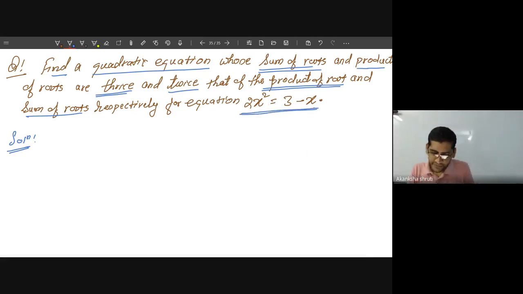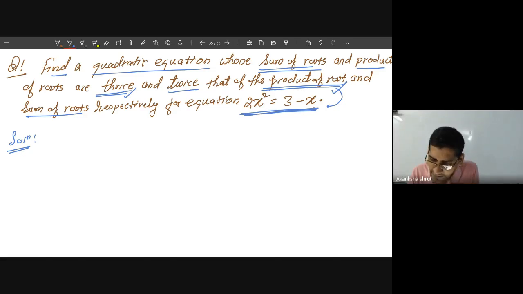Student, you have to take care. For the new equation, the sum of roots that you want to calculate will be thrice the product of roots of this one. If you are able to calculate the product of roots of the given equation, taking thrice of that, you will get the sum of roots for the new equation.